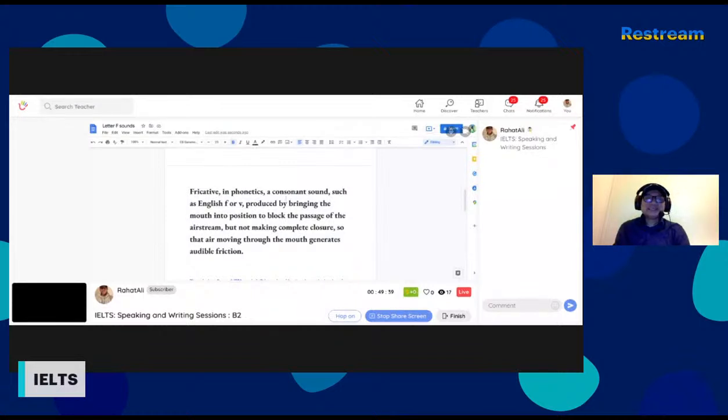So fricative sounds are those sounds when we create the friction. So F, we're closing the mouth and the air is passing out. V similarly.